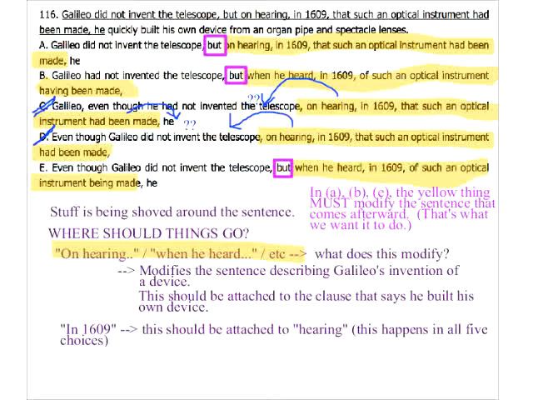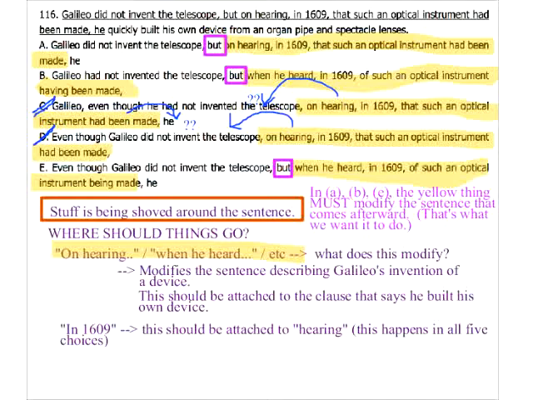What about other choices here? The main point of including this one in today's study hall is, again, stuff shoved around the sentence. So this is a lot like those couple choices in the other problem.